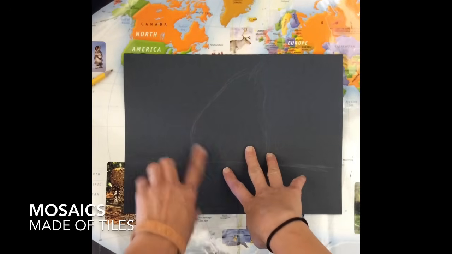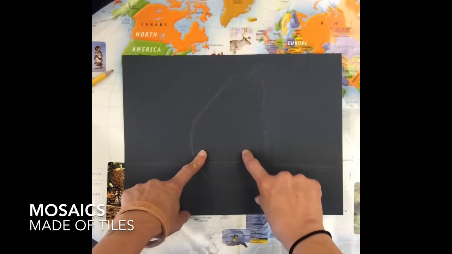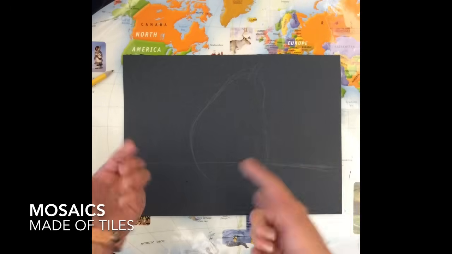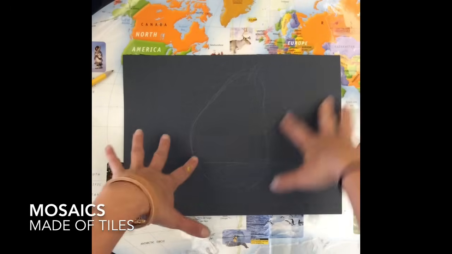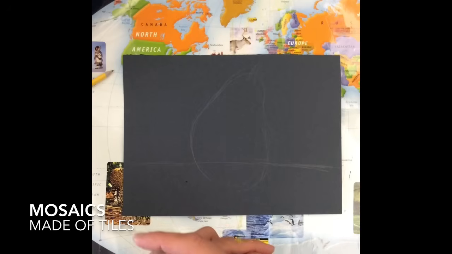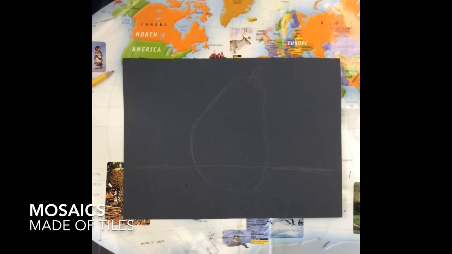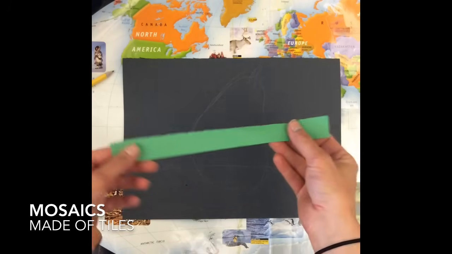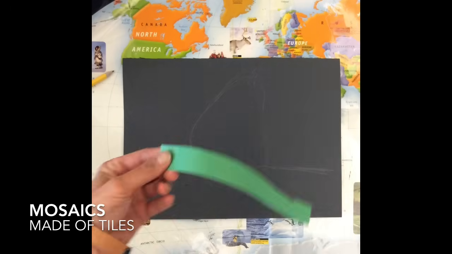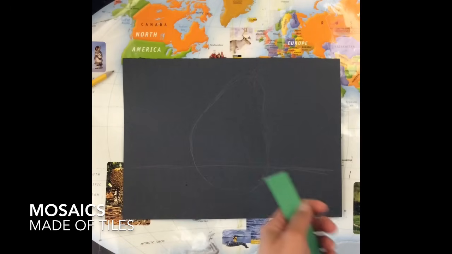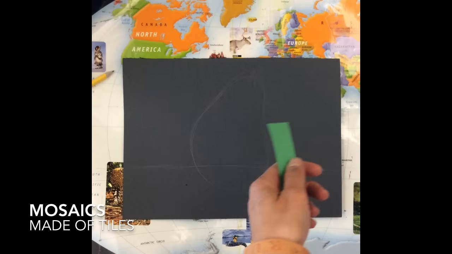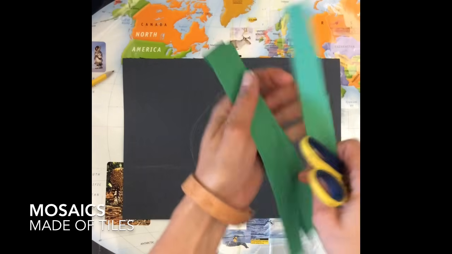So my pear is going to be green, so I need green tiles. My table might be a different color, like brown, and then the background could be another color, like red. So this pear, like I said, I want it to be green. So I have some scrap pieces of paper, and I can cut these scraps into small squares.